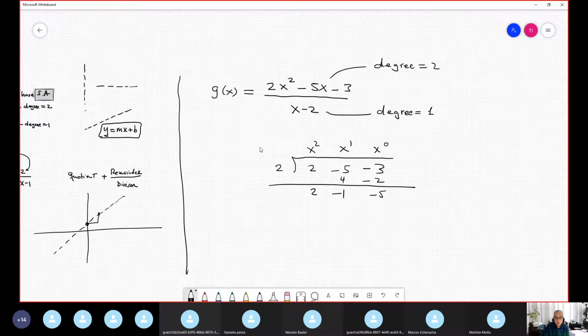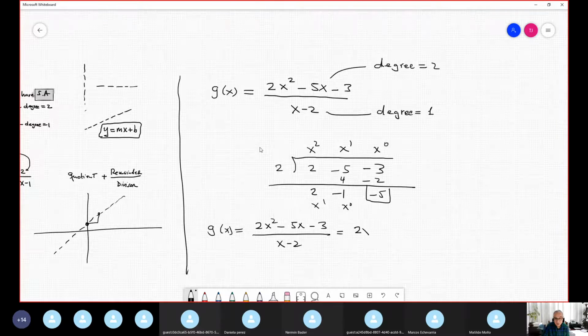So in conclusion, this function g of x, x squared minus 5x minus 3 over x minus 2, is equivalent algebraically to this expression: x to the 0, this is the remainder, x to the 1, so x minus 3 minus 9 over x minus 2.